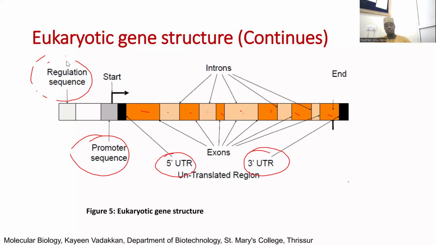Once all the introns are removed, you are left with only exons, which is the coding region that will be used in the subsequent process, that is, the translation of protein synthesis. So you see, the eukaryotic gene structure is more complicated compared to that of the prokaryotic system.